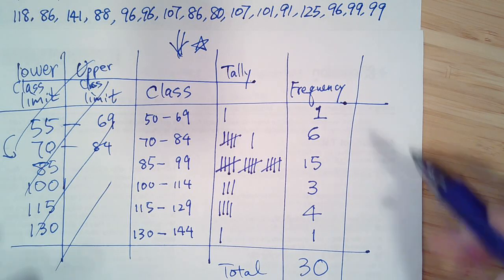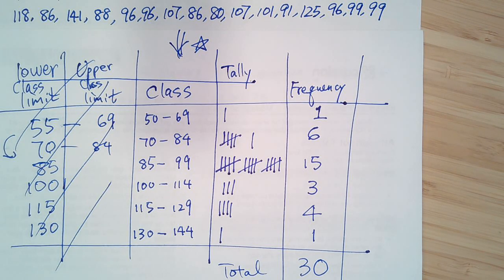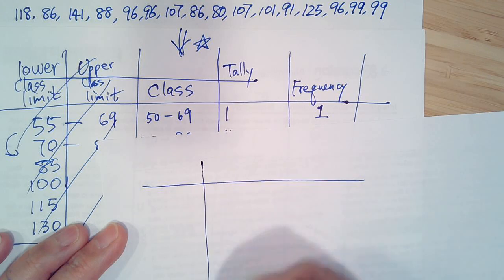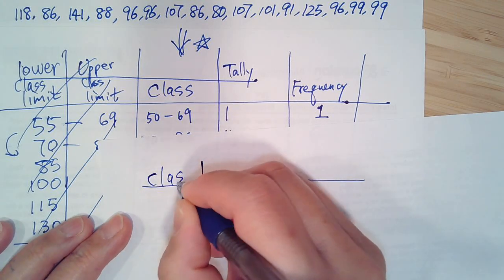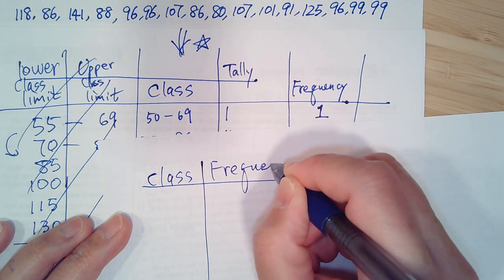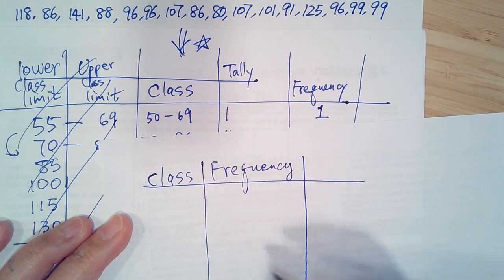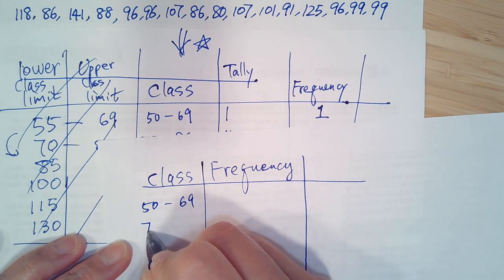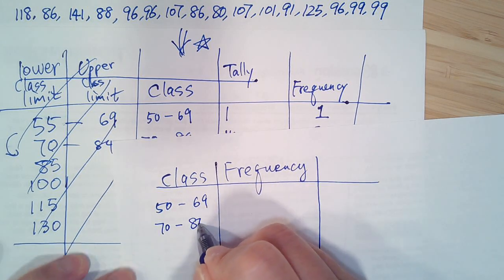So that's a frequency. Now, I would like to copy this to a better table that looks like this. I have a class. I have a frequency. All right. I have 50 to 69, 70 to 84. I just copy that, okay?